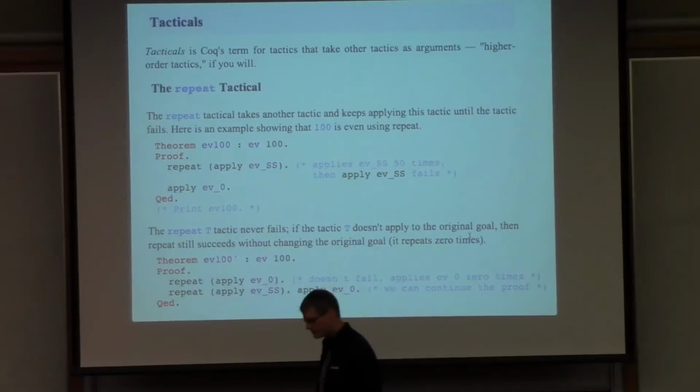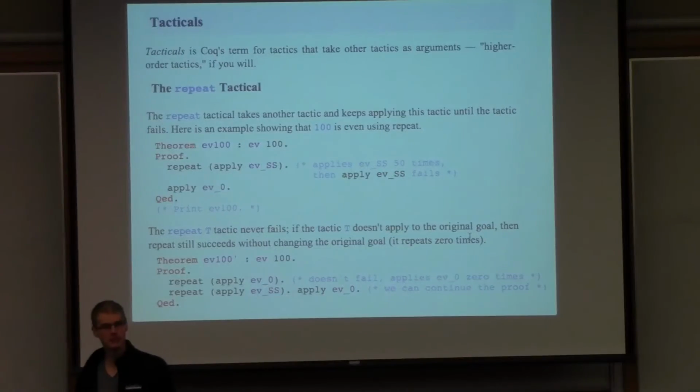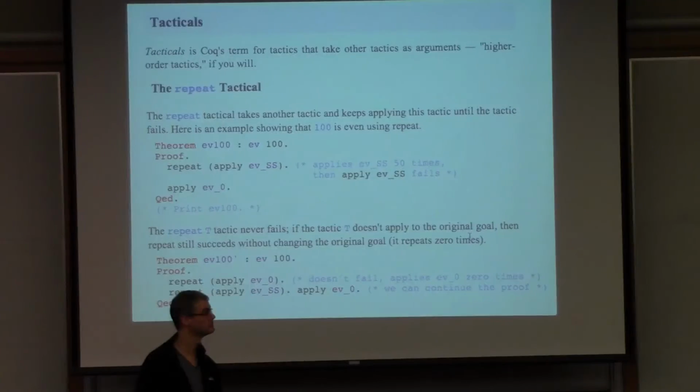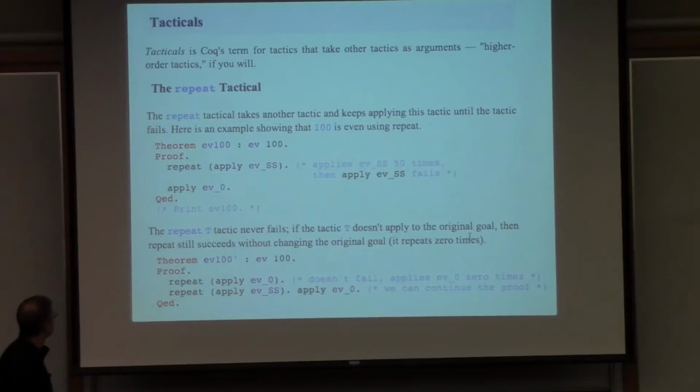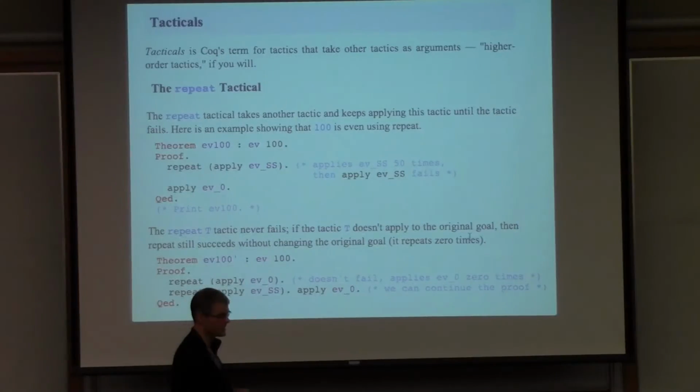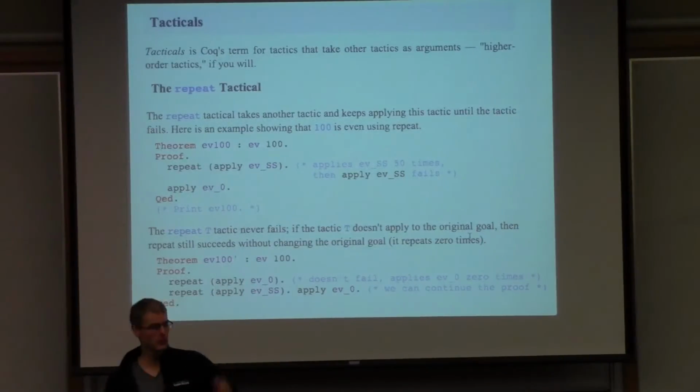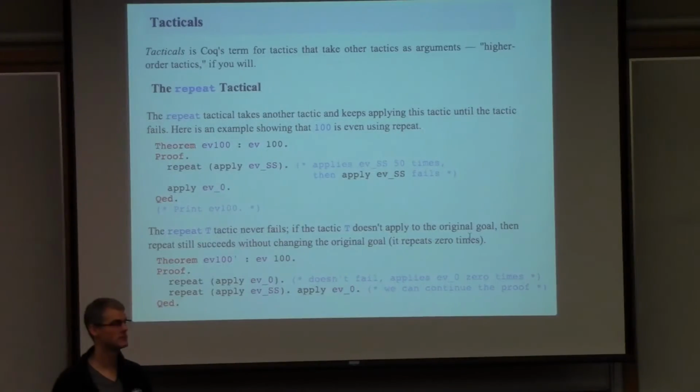Okay, so we've seen tactics. Tactics are a special case. They're the constant case of programs which are called tacticals. So a tactical is a kind of higher order tactic. And there are several of them. Repeat, for example, is a tactical that takes a tactic and applies it to the current goal as many times as possible.